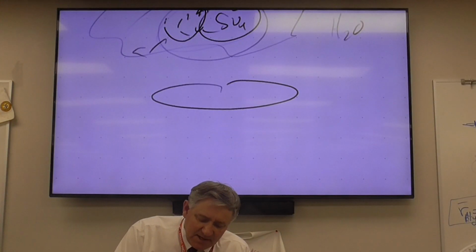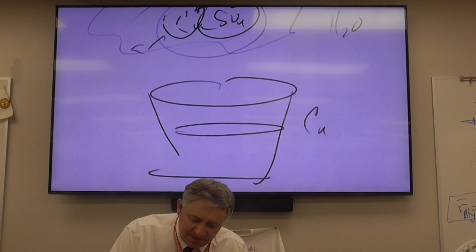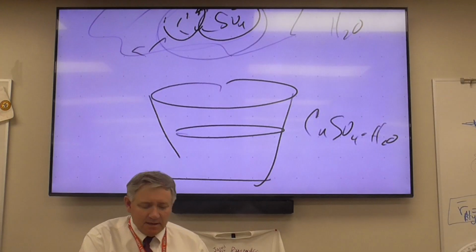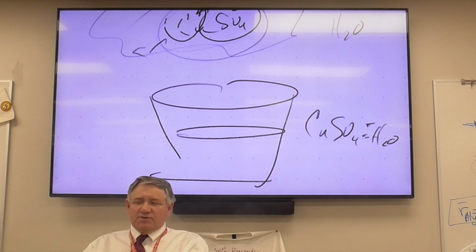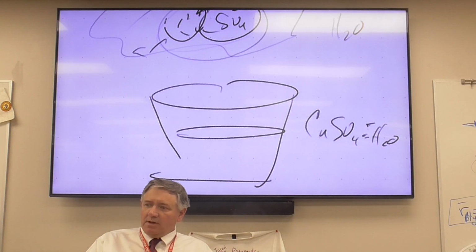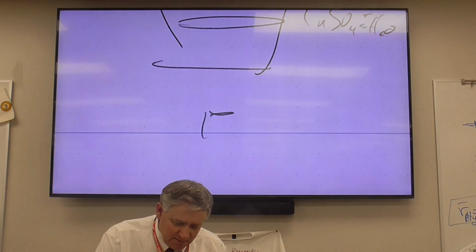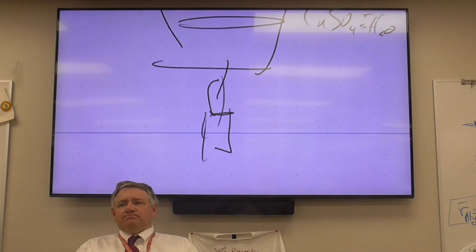So, now you get to the backside. Let's say that I gave you a crucible of hydrated copper sulfate, okay? And I said, hey, I want you to change that from hydrated copper sulfate to anhydrous copper sulfate. So what you would do is put this underneath the Bunsen burner and heat it up.